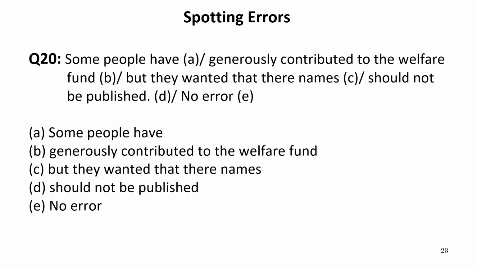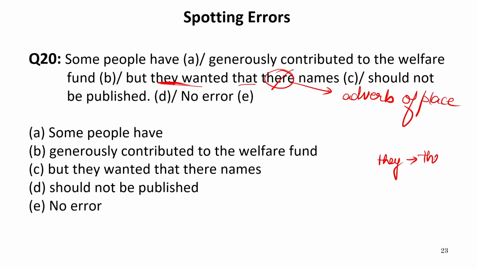Some people have generously contributed to the welfare fund, but they wanted that their names should not be published. Now, they wanted that their names. Now, there is an adverb of place, but we need a possessive case over here of they. So, the possessive case of they is THEIR.